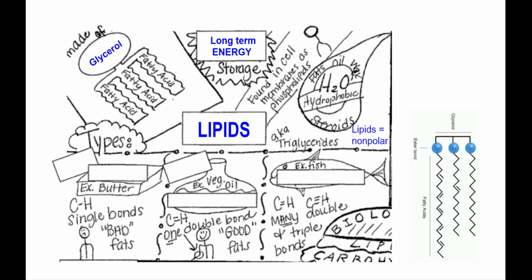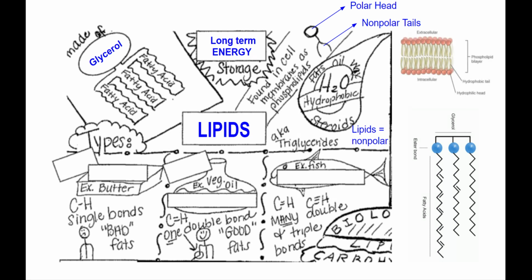And so, because they don't mix with water, lipids are a really good barrier between two areas that might be full of water, like the outside and the inside of a cell. But if you were to zoom in on a phospholipid, you would find that the head is actually polar and the tails are nonpolar. And so, because of this, phospholipids will arrange in a bilayer.